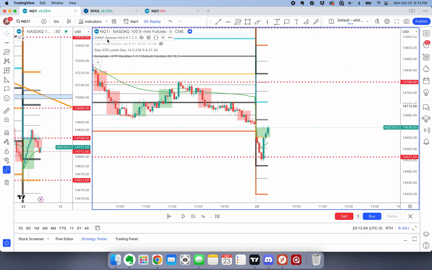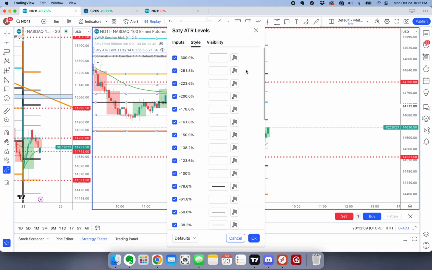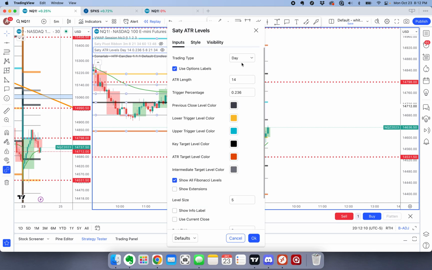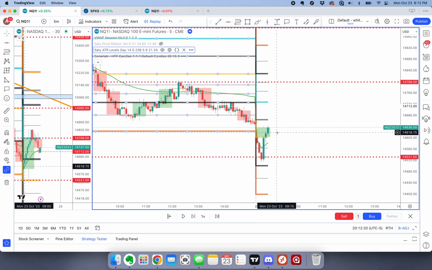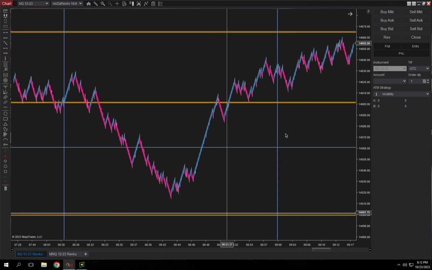And remember, how you do that is you go to your SATI ATR levels and you go to input and you say day, which is your intraday, and multi-day is where it's best to use for your weekly levels.